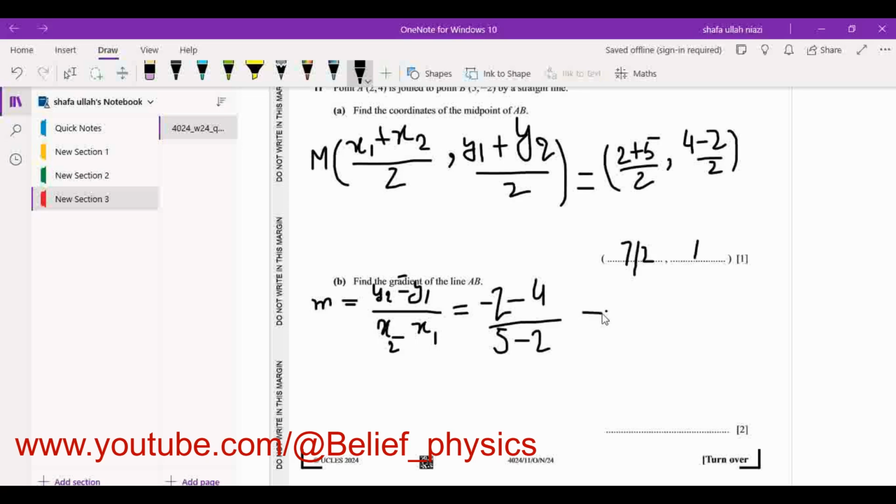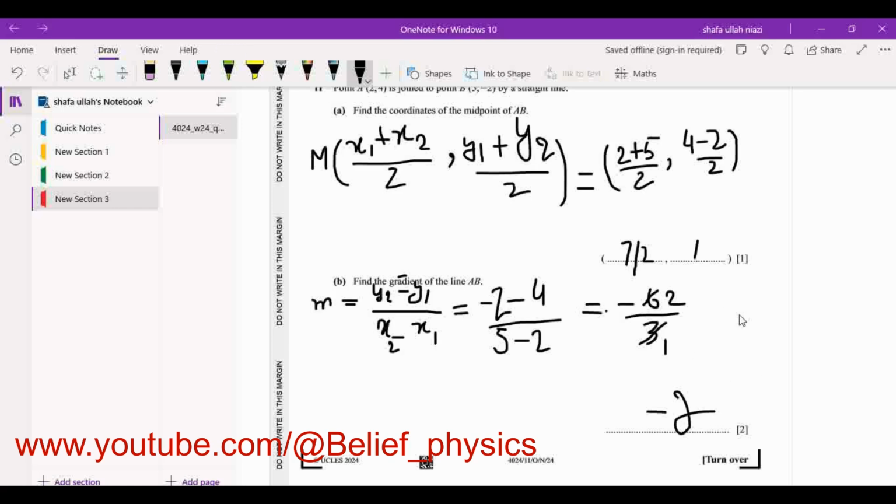Minus 2 minus 4 is minus 6, and 5 minus 2 is 3, so when you solve it, 3 twos are 6, and the answer comes out to be minus 2. So the answer is minus 2.